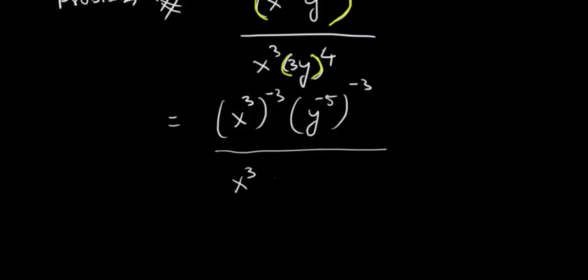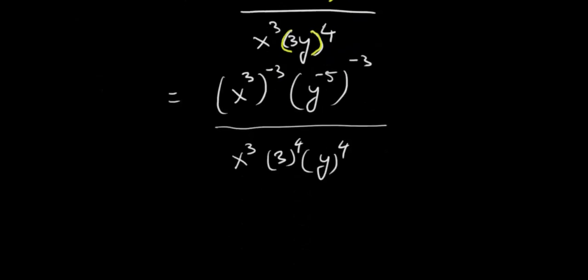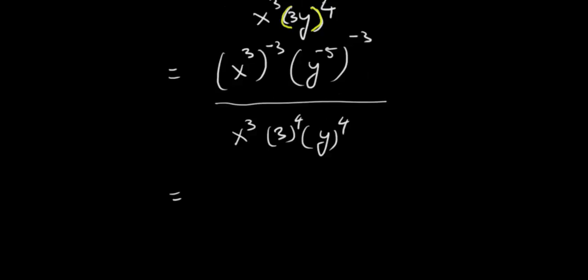So that means 3 will have power 4, x cubed will have power 4, y will also have power 4. If we further use the rule for multiple layers of power, x to the power 3 times negative 3, 3 times negative 3 is negative 9, y to the negative 5 times negative 3 is positive 15, x cubed to the power 4 is x12, 3 to the power 4 is 81, and y4.